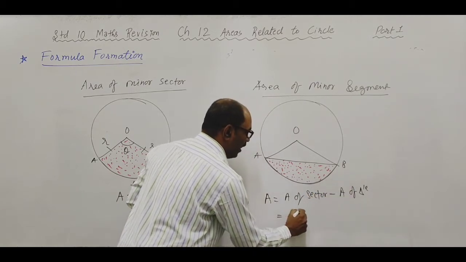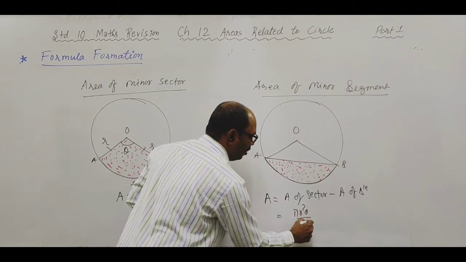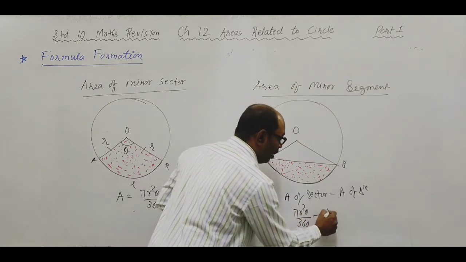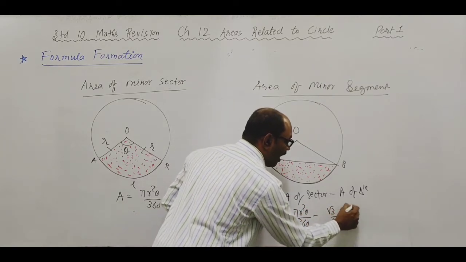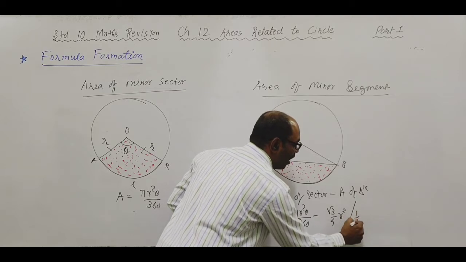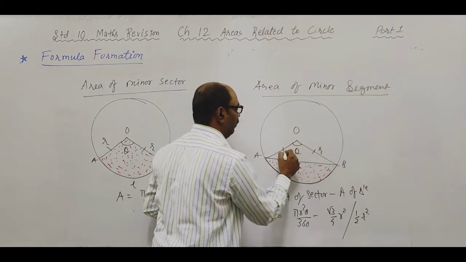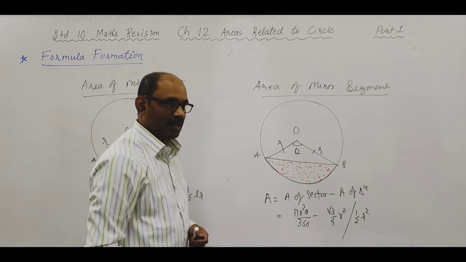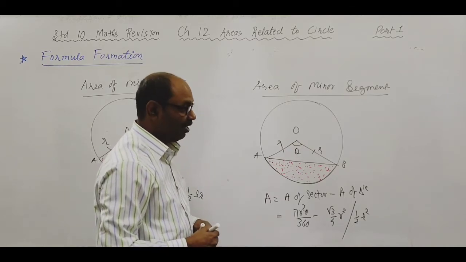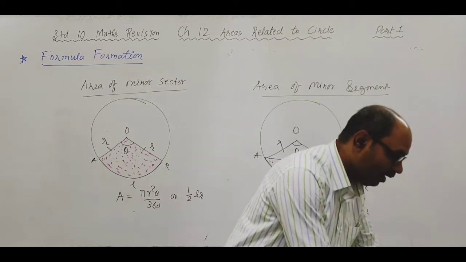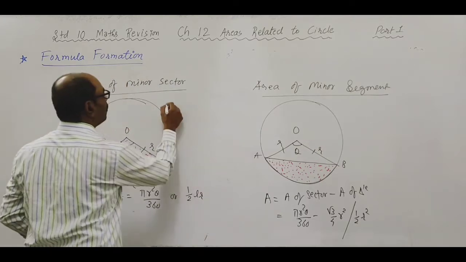Area of sector is pi r square theta upon 360 minus either root 3 by 4 r square or half r square, depending upon theta. Is that clear? Okay, note it down here.